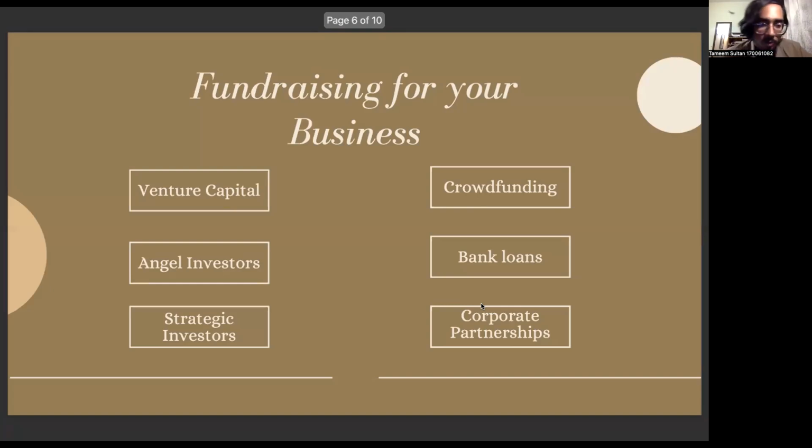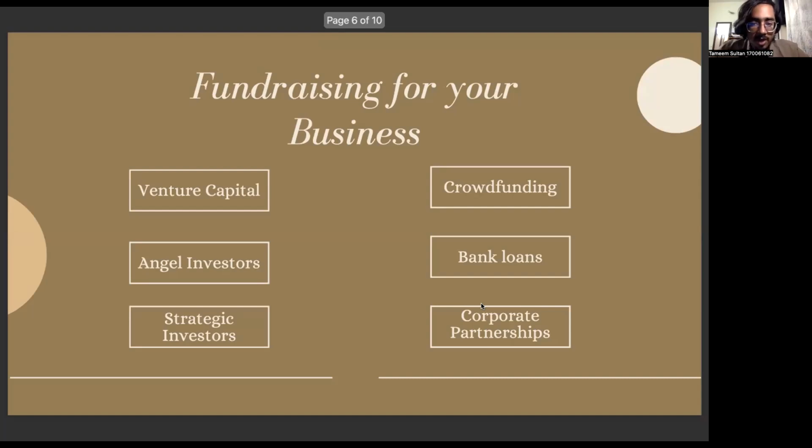Next one is the most common one, bank loans. Traditional bank loans are another option for financing a business. These loans typically require collateral and a strong credit history, but can provide a lower cost of capital than other funding sources. Then there are incubators and accelerators.